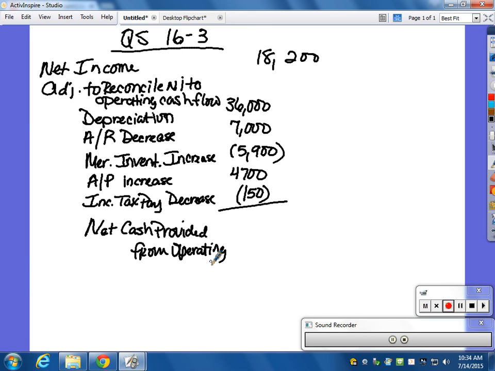What amount do you get? 41,650. And then taking this amount and adding it to your net income gives us how much for net cash? 59,800. Thank you.